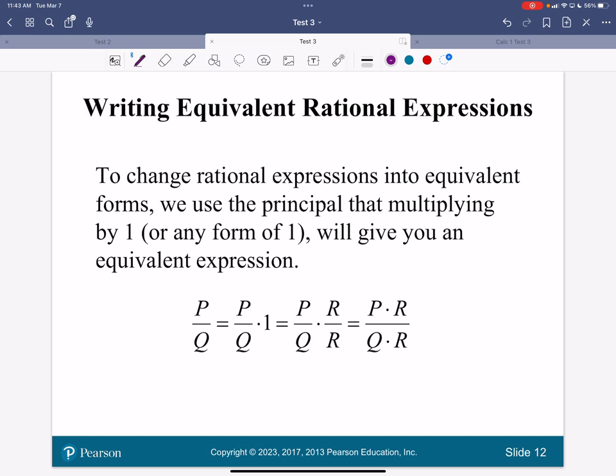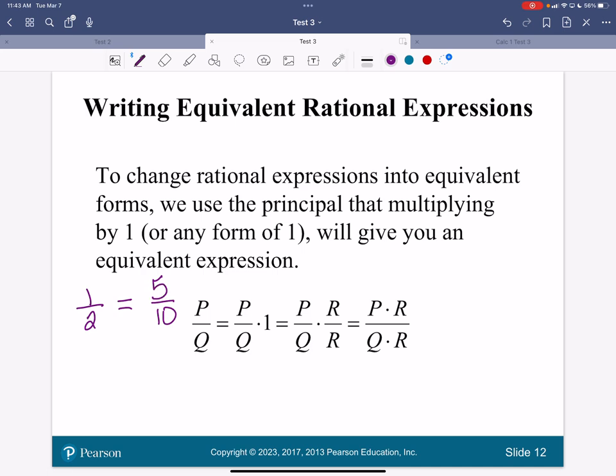If I tell you that I've got 1/2, but my common denominator is 10, I ask myself, 2 times what gives me 10? 5. So I multiplied the 2 times 5 to give me 10. So what do I have to do with the numerator? Multiply by 5. So 1/2 and 5/10 is exactly the same.